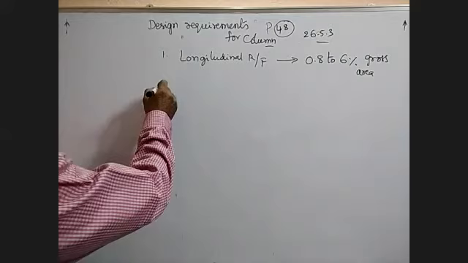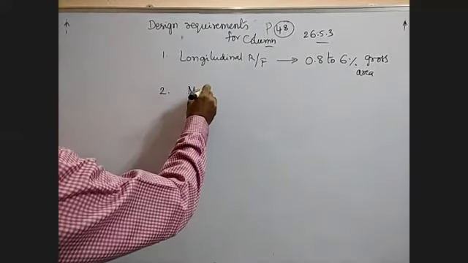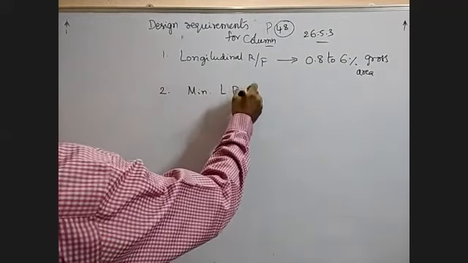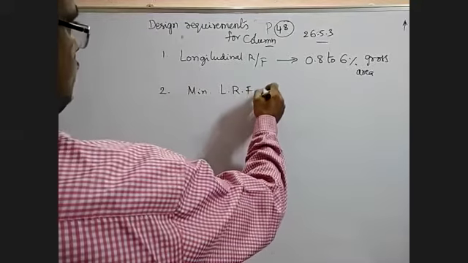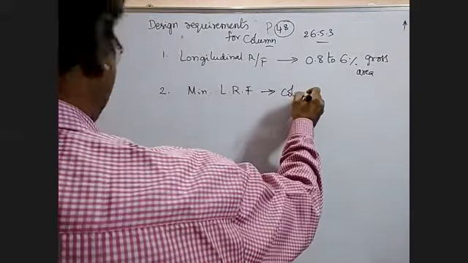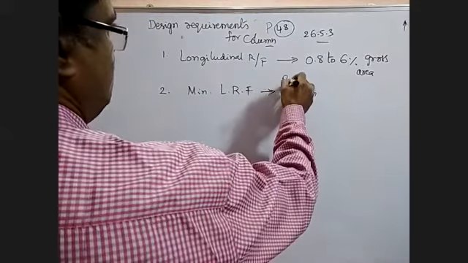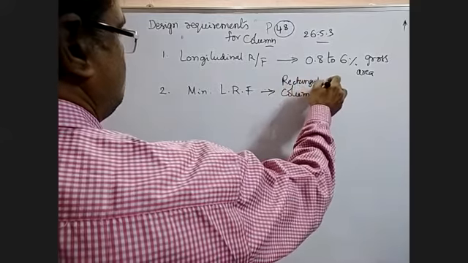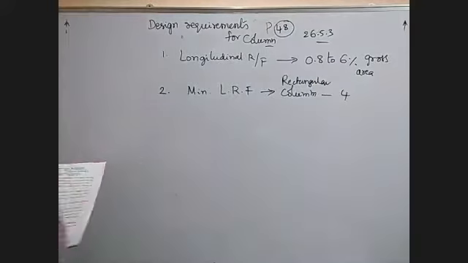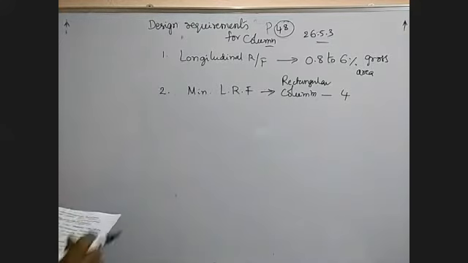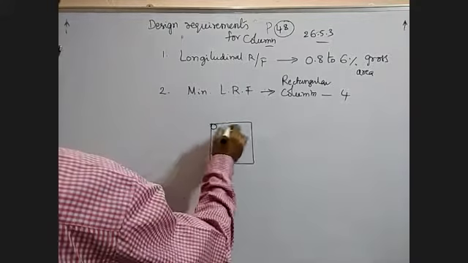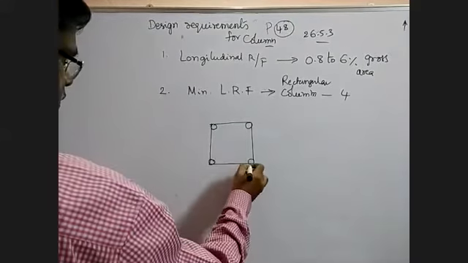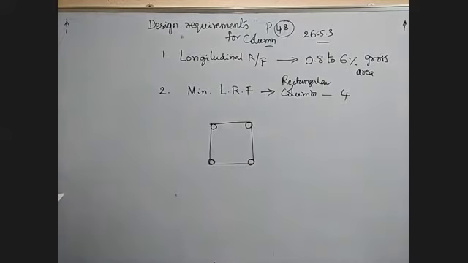Then the second one is the minimum number of longitudinal reinforcement in a column, I mean rectangular column. This is 4. In a rectangular column, how many bars should be there at minimum? 4 bars should be there. That means one bar here, one bar there, 4 bars at the 4 corners. Okay.